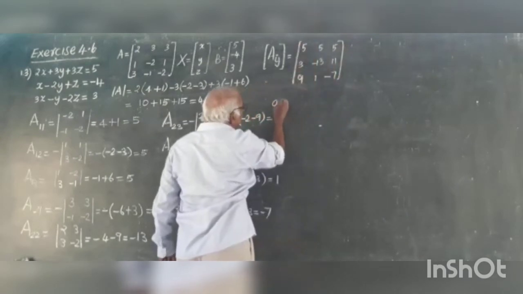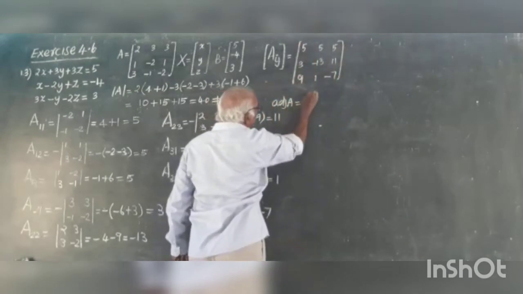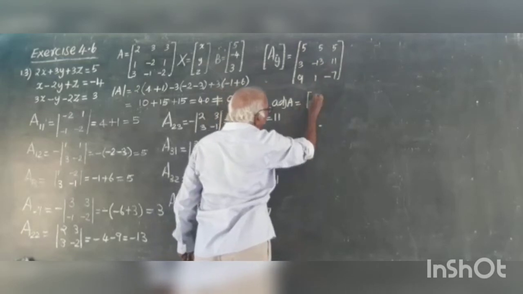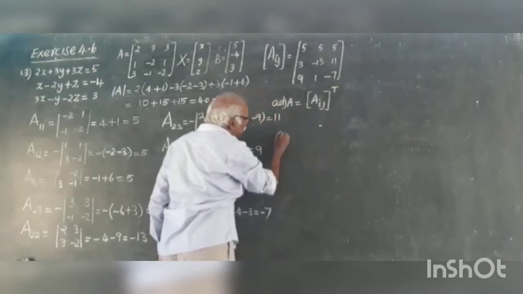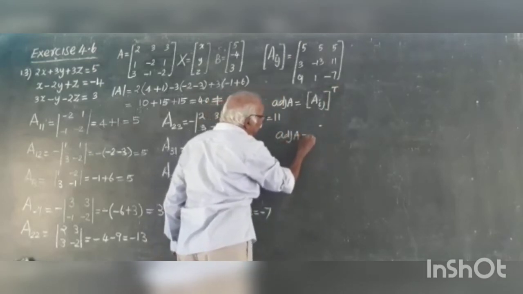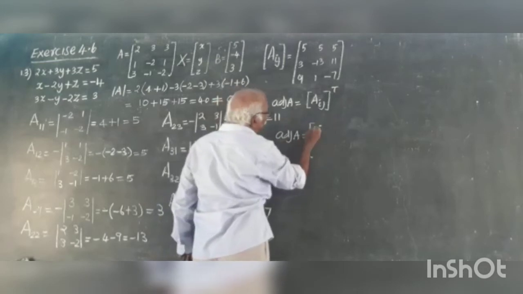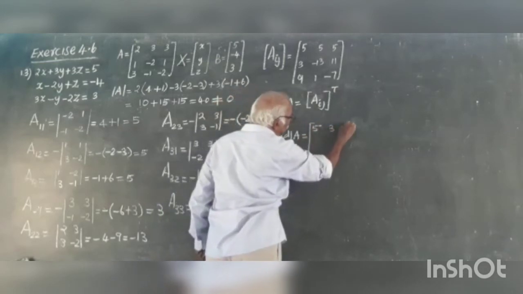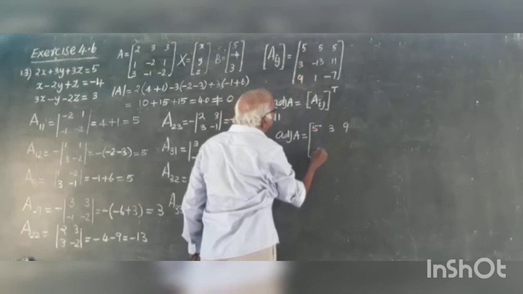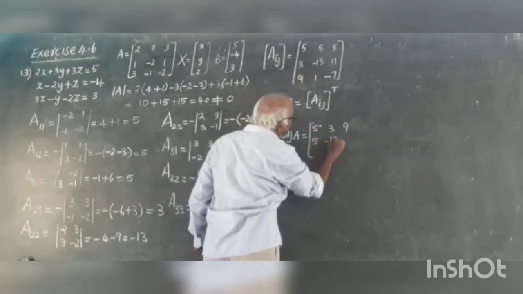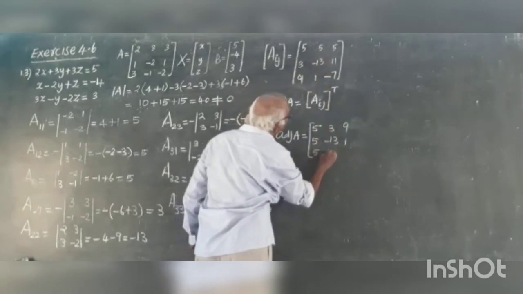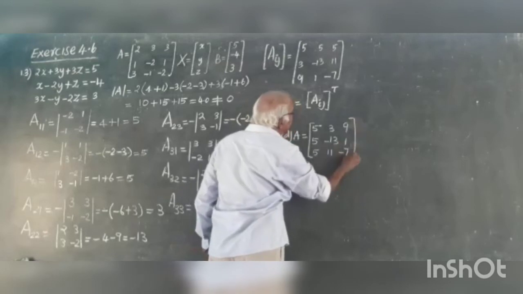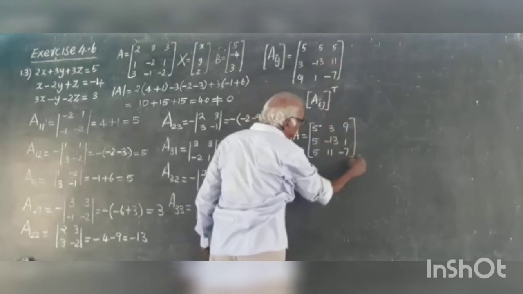Then find adjoint A. Adjoint A is equal to the transpose of the cofactor matrix. Adjoint A is equal to 5, 3, 9, first column to first row. 5, minus 13, 1, second column to second row. 5, 11, minus 7, third column to third row.